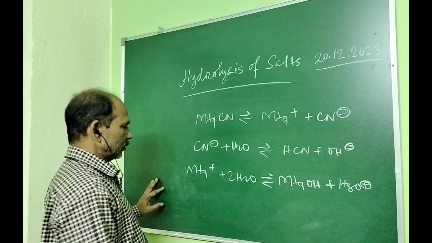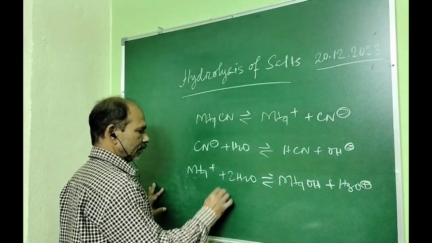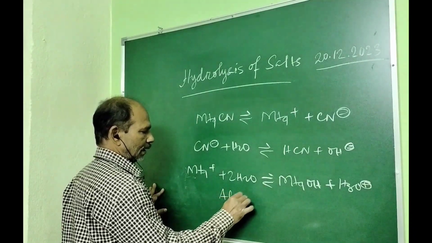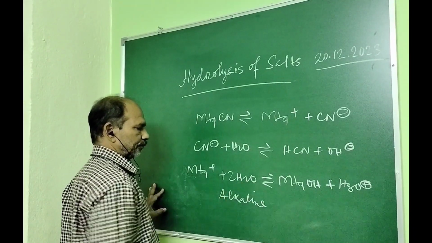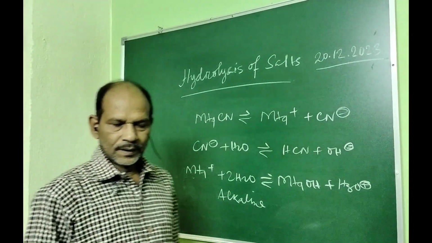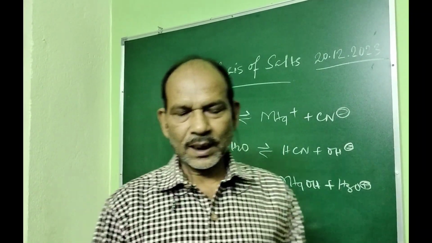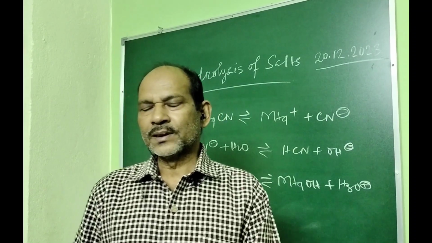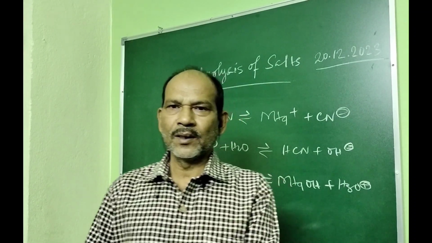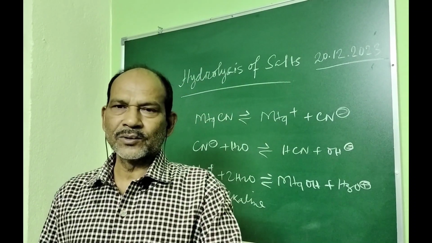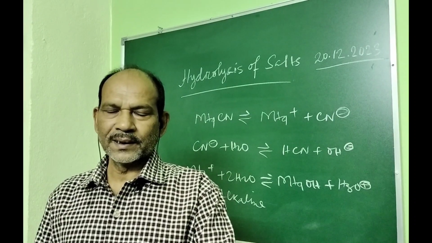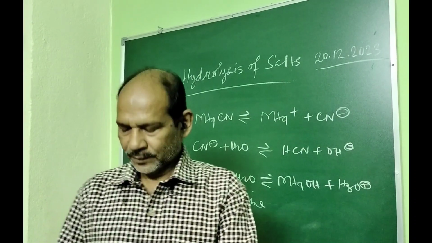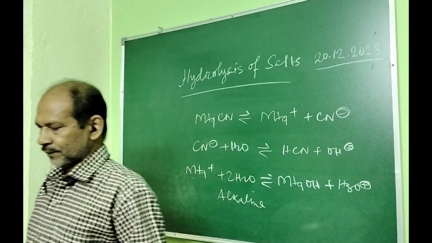So the solution ultimately becomes to some extent alkaline. So in case of salts coming from weak acids and weak bases, we have to consider the relative reactivity of the cations and anions with water to form H3O plus and OH minus ions in the solution.